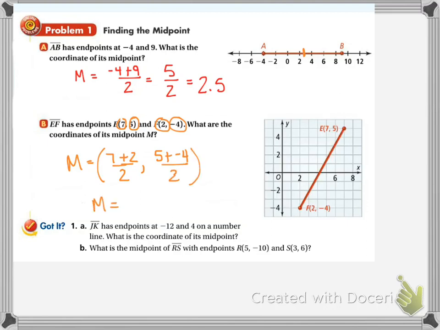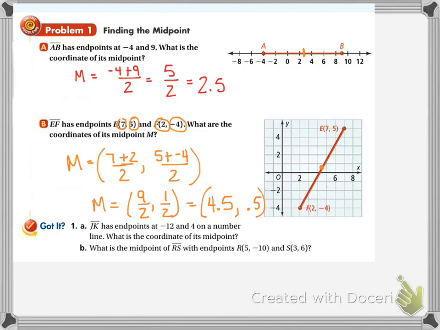So the midpoint, 7 plus 2 is 9 divided by 2. 5 plus -4 is 1 divided by 2. So the midpoint is 9/2, 1/2. If you want to put it in decimal form, which I prefer fractions, but if you need to think about it in terms of a decimal, just to be able to see where it's at, that's fine. So 4.5, 1/2 is about right there.